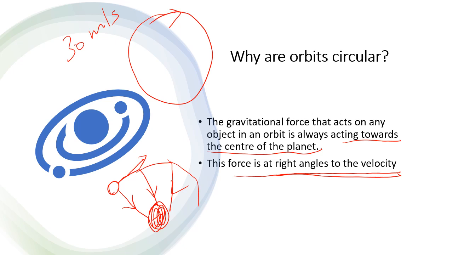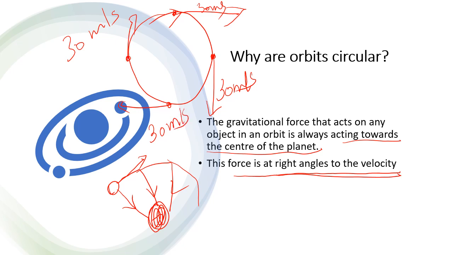So at this point, the velocity is always at a tangent. It is moving towards the right at 30 meters per second. At this point, it is moving down at 30 meters per second. At this point, it is moving towards the left at 30 meters per second. And at this point, it is moving up at 30 meters per second.